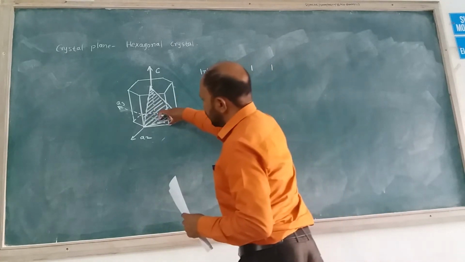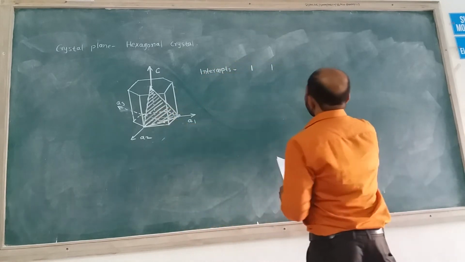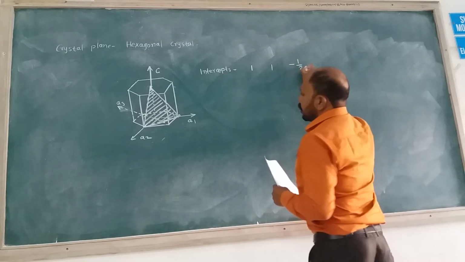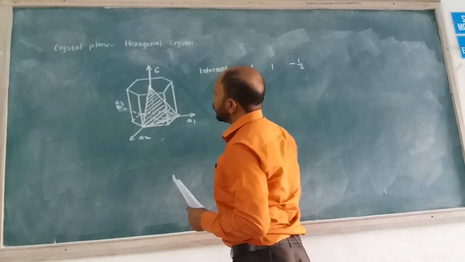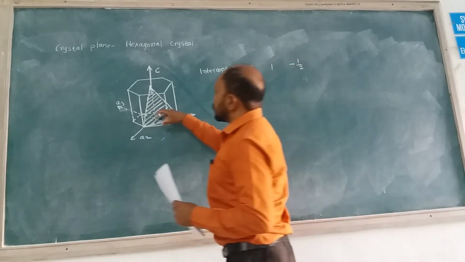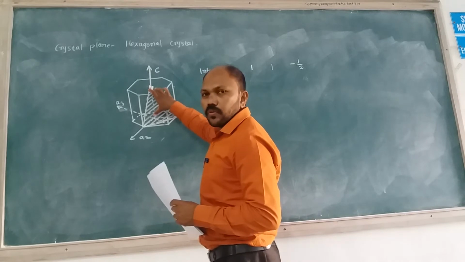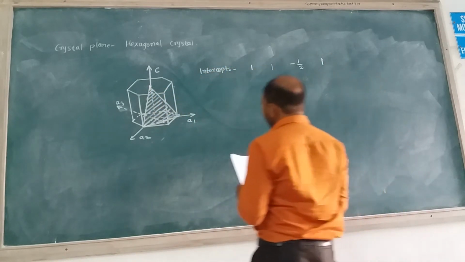This is not the complete one distance but half distance, in the negative direction, so minus 1/2 is the value for A3. Then C, complete one value, that is unit value, so positive 1.